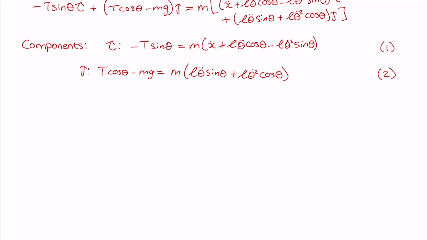However, doing this again, cosine of theta could be 0 at a particular time, and as a result, we would end up dividing by 0, so that also doesn't work.